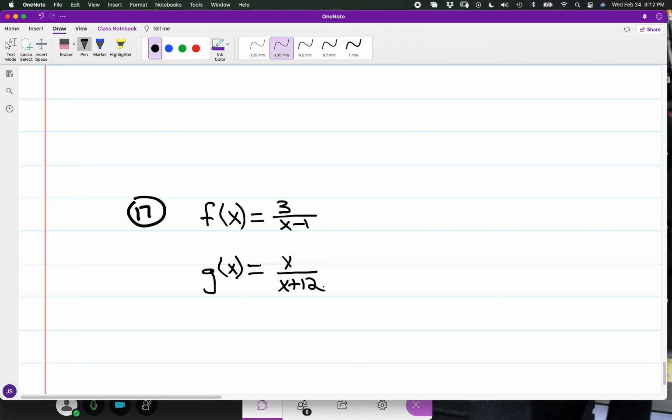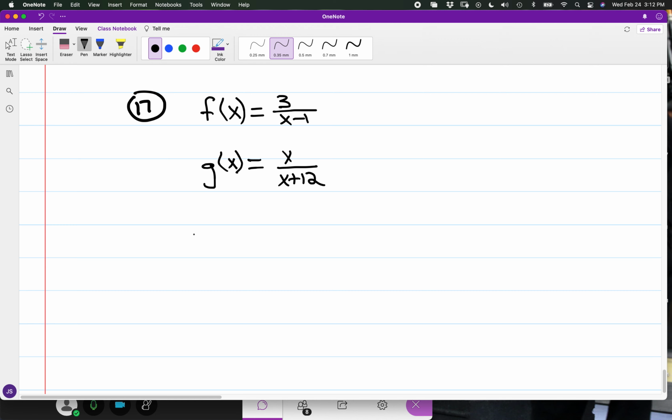Again, we're looking for the domain of the sum, difference, and product functions for starters.